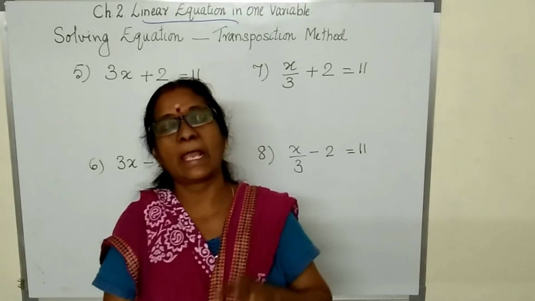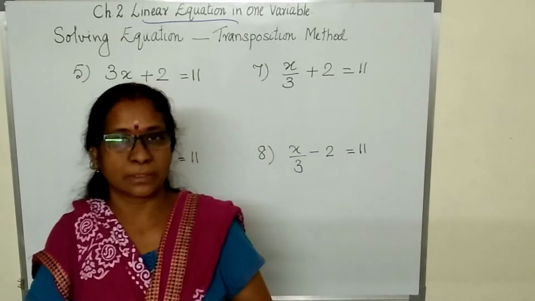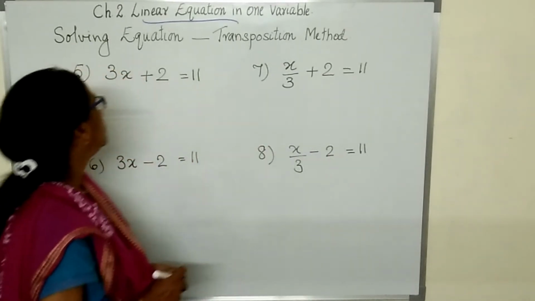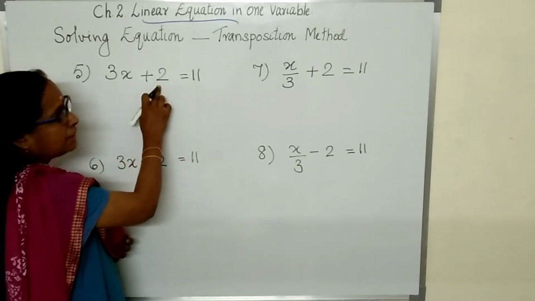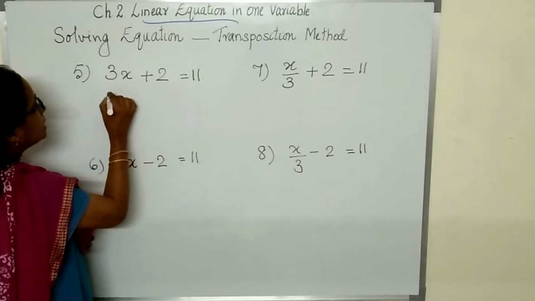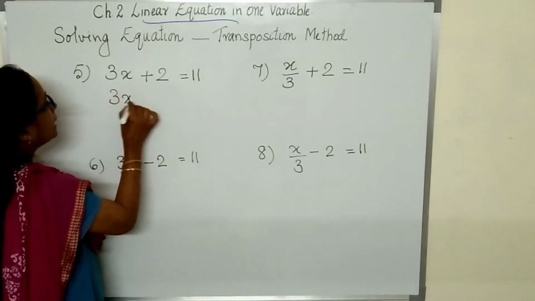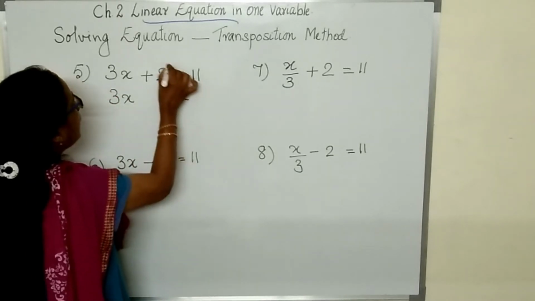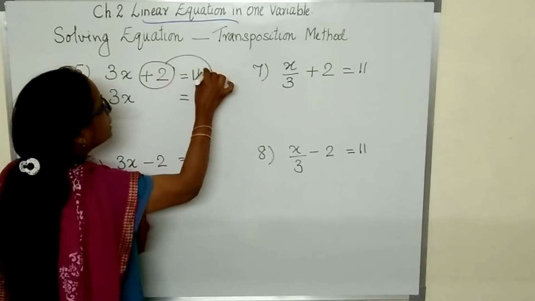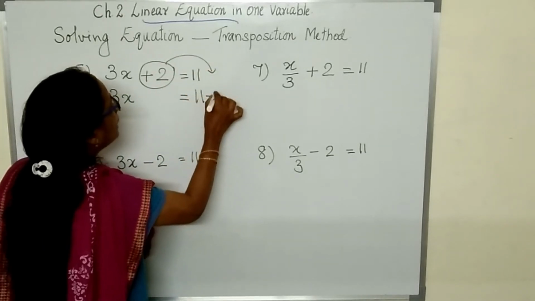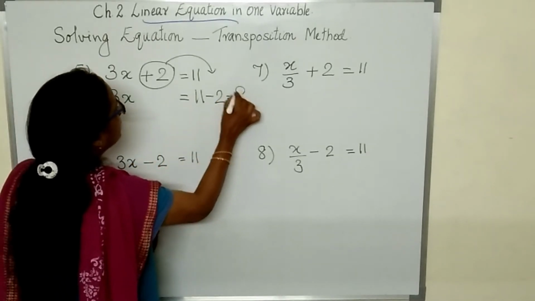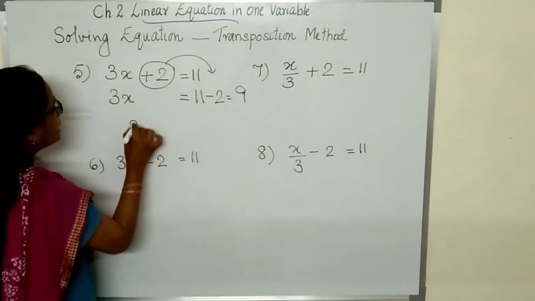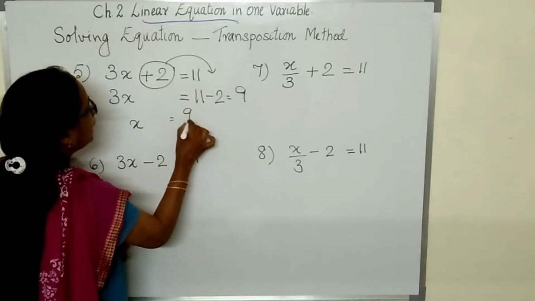Now, if we have more than one operation, what do we have to do? Let us check. See here, multiplication and addition. So first, 3x is equal to, take this number to this side, 11 minus 2. What is 11 minus 2? 9. So 3x is equal to 9.